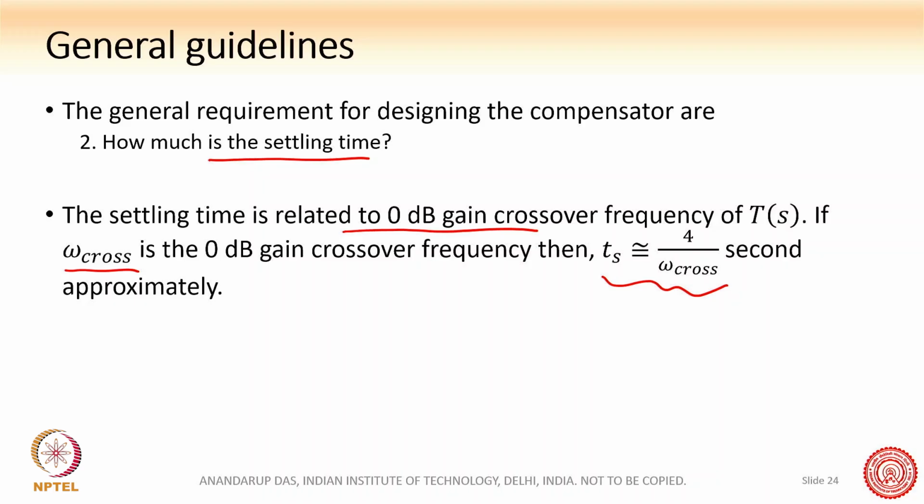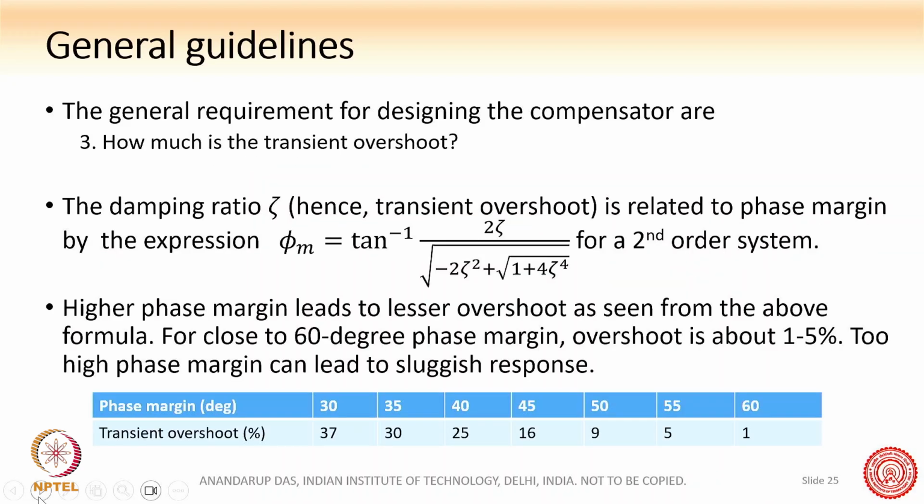So this is how we relate the loop gain with the settling time. The third is the transient overshoot. This was the third requirement. The transient overshoot can be obtained by looking at the phase plot of the loop gain.